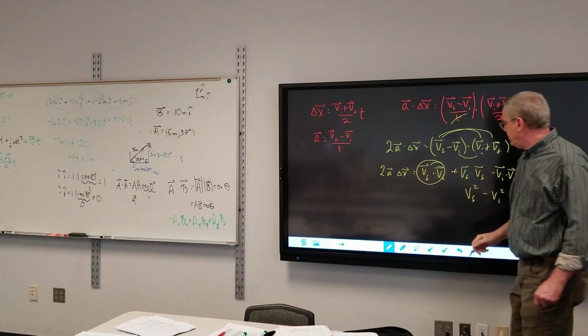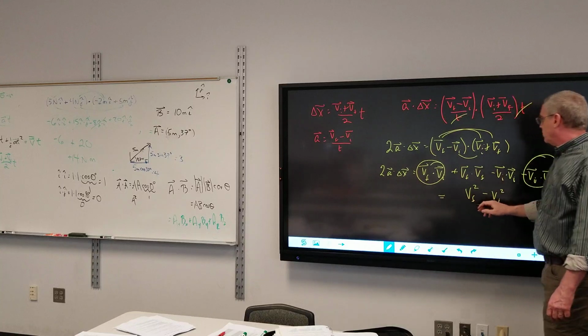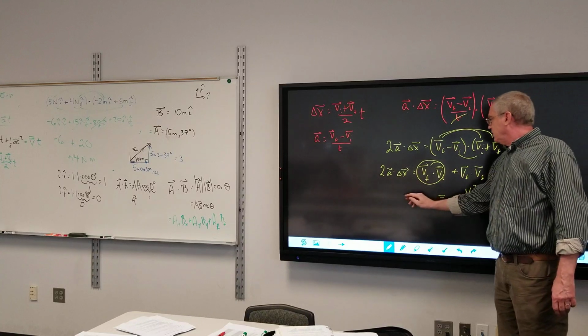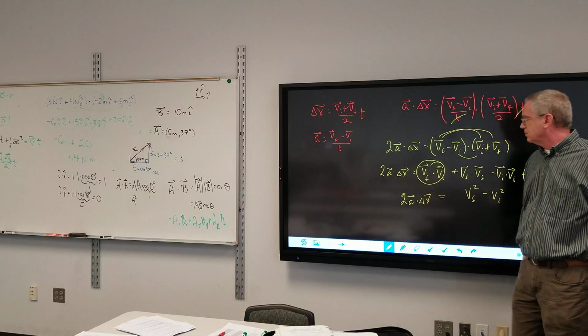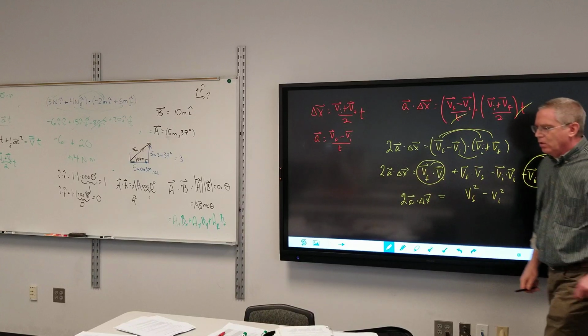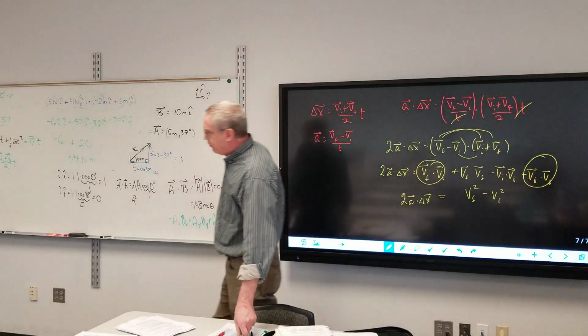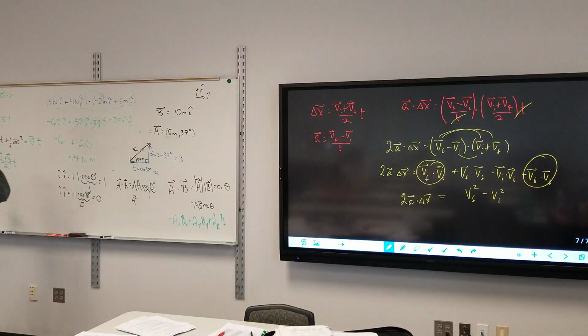So what I'm left with is vf squared minus vi squared is equal to 2a dot delta x. Or, more conventional form, vf squared equals vi squared plus 2a dot delta x.